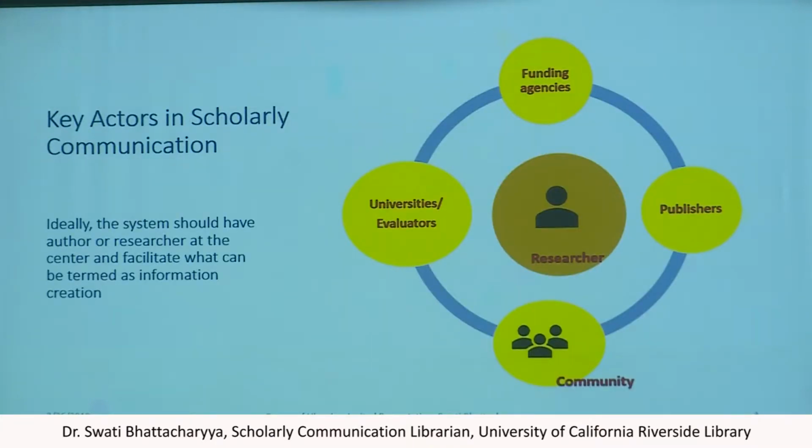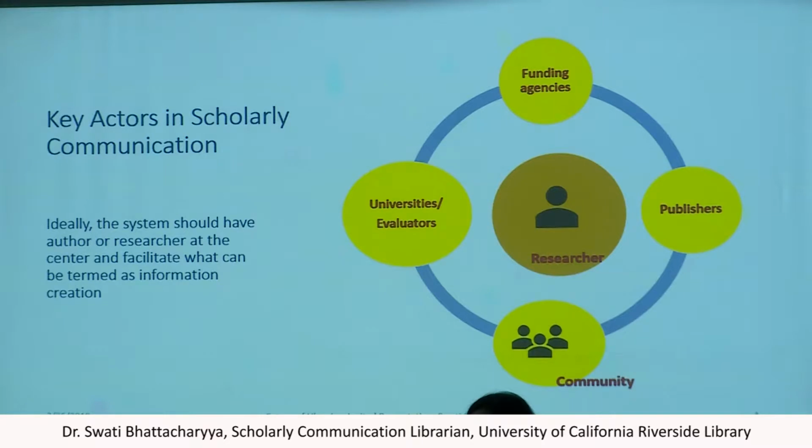To understand that, let us see who are there in the environment. At the core, there is a researcher. He should ideally be at the core because he produces communication, and surrounding him there are funding agencies who facilitate research. There are universities or evaluators.